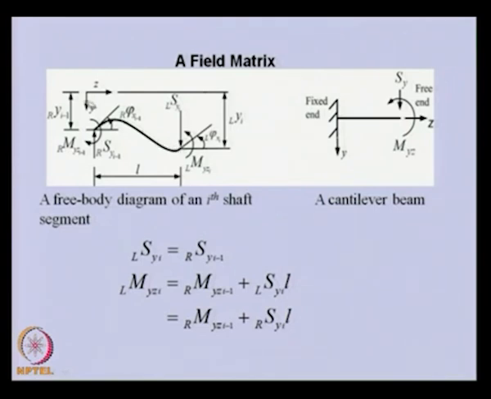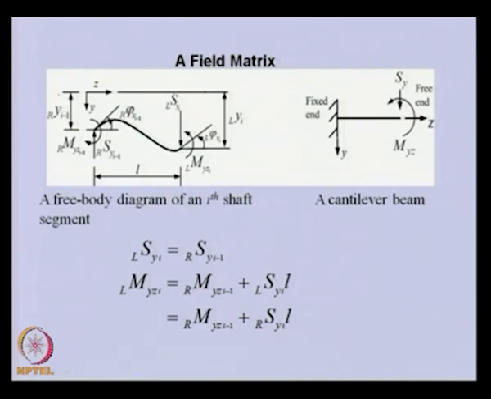For the YZ plane, one end of the shaft has linear displacement y. This is the ith shaft, so we have the I minus 1 disc on the left-hand side of this shaft, and towards the right side we have the ith disc.